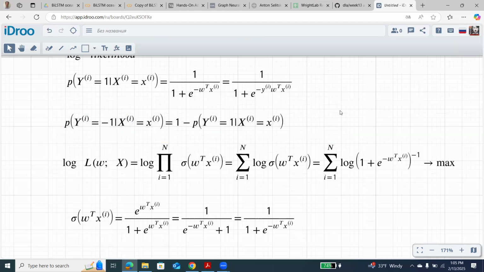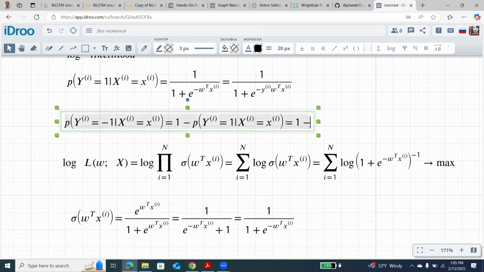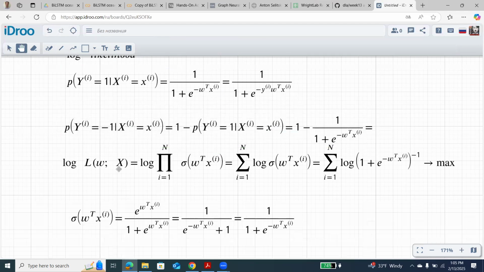And I ask you to just make calculations and prove that we will get exactly the same expression. So it will be 1 minus probability of the positive class.